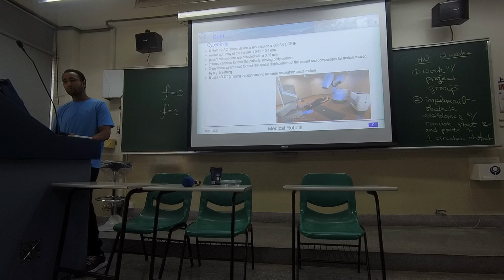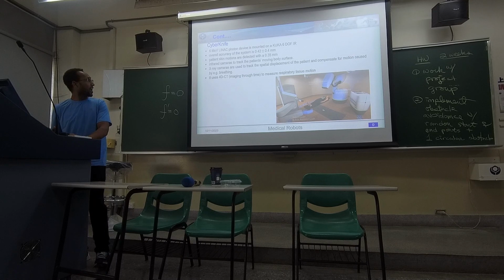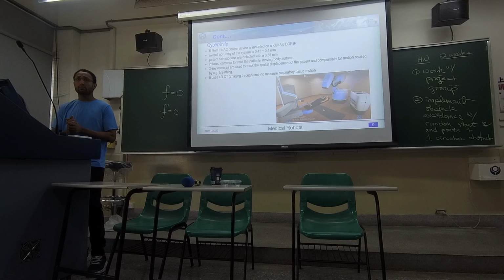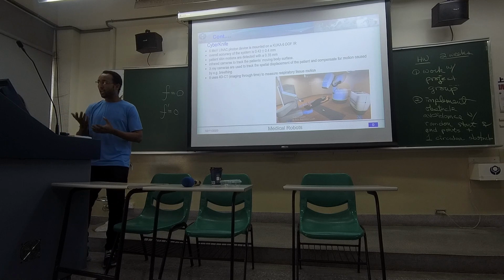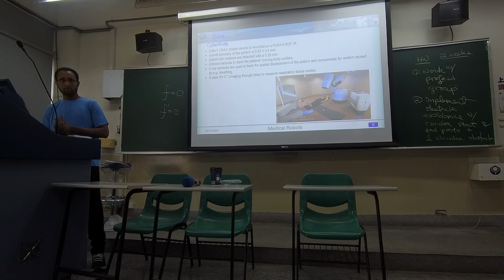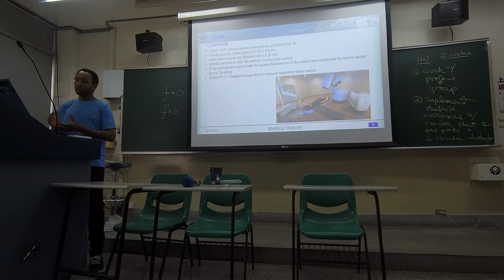Infrared cameras are used to track the patient's moving body surface, and X-ray cameras are used to track the spatial displacement of the patient and compensate for motion caused by breathing, because since the treatment is with radiation, any small displacement will lead to huge damage to the patient.